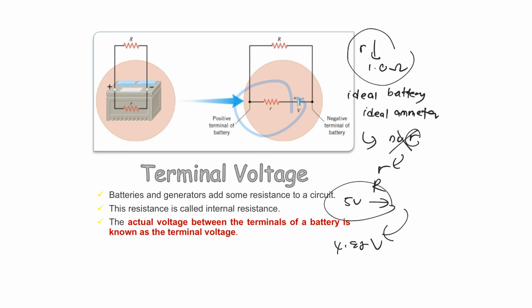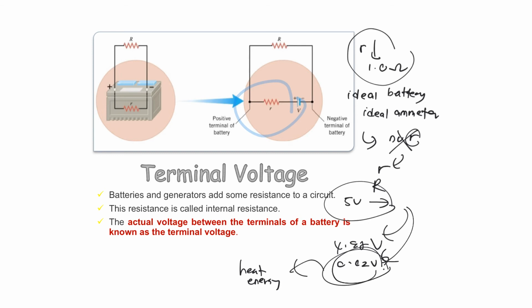So where is the other 0.02 volts? This is converted into heat energy. Why is it reduced? Because the 5 volts is minus the potential difference drop at the internal resistance, and that's the reason why you get only 4.98 volts.